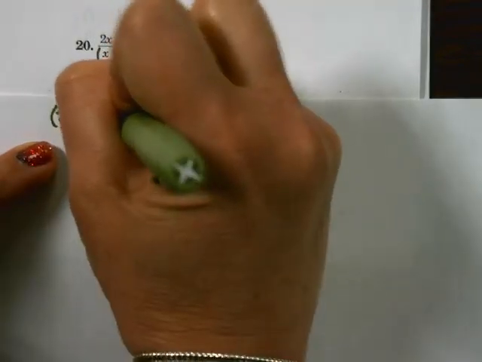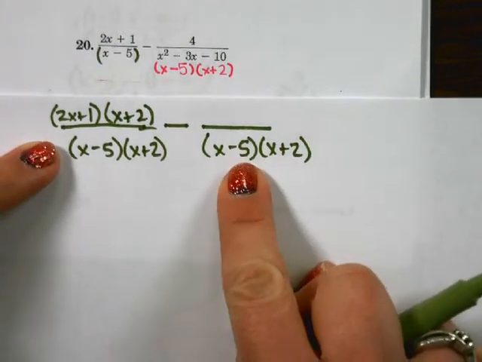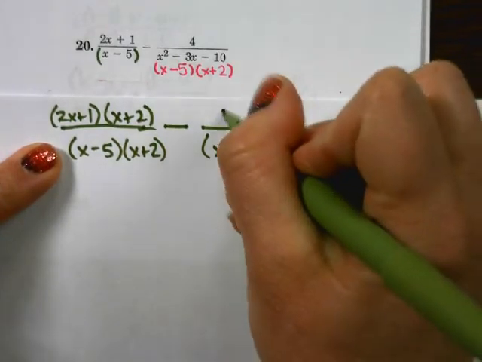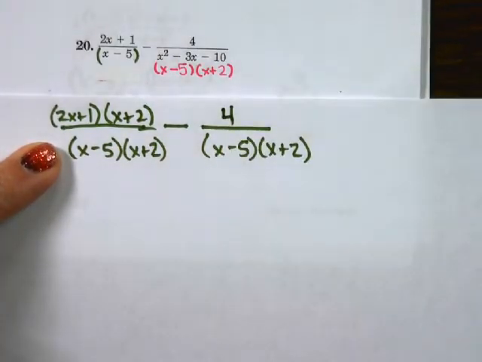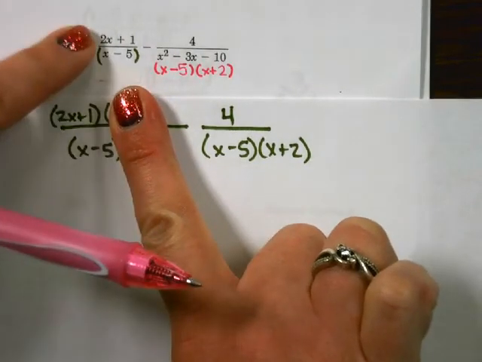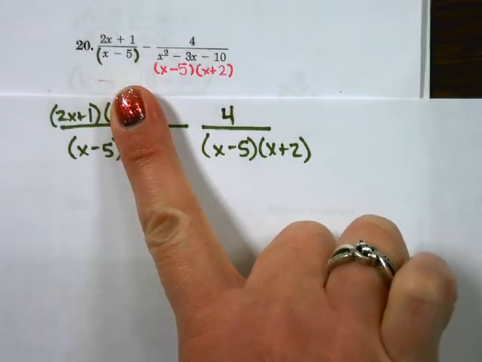So if it's new in the bottom, it's got to be new in the top. On the right side, is there anything new? No. So I don't have to change anything. You already had a 4 in the top. If you cover it up right now, you should see where you started. Don't actually cancel them out though, but I want you to see that's where you actually started.